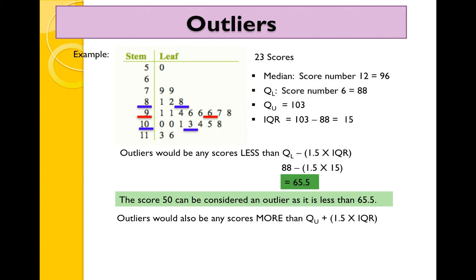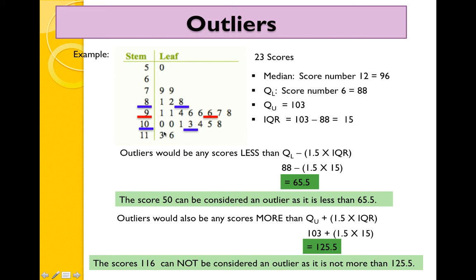We can also say any scores more than the upper quartile plus 1.5 times the interquartile range. So any score more than 125.5 can be considered an outlier. Therefore, 113 and 116 cannot be considered outliers because they are not more than 125.5.